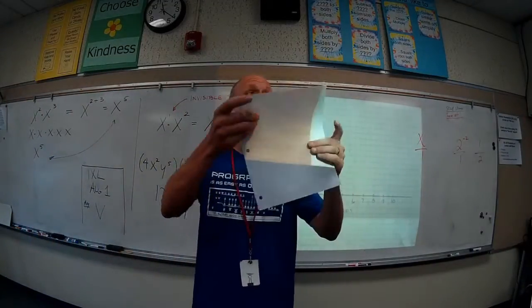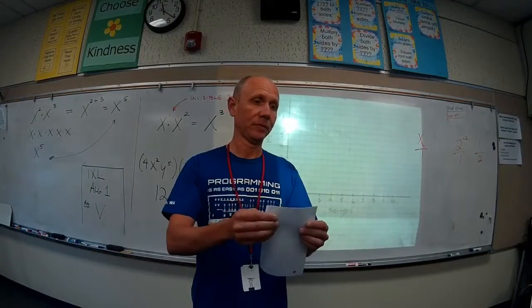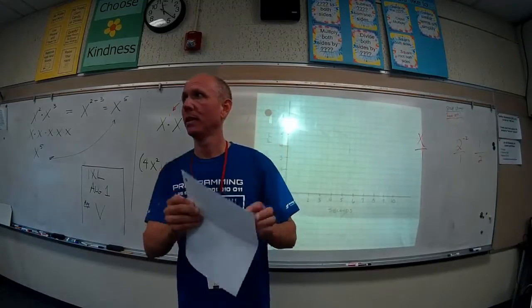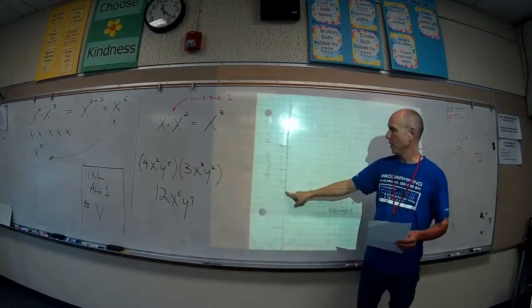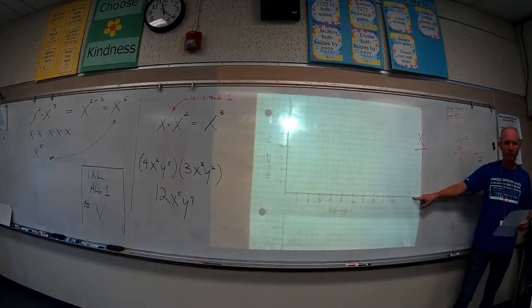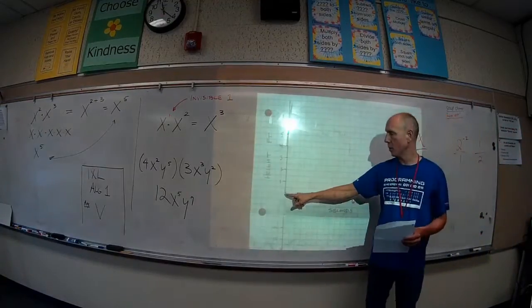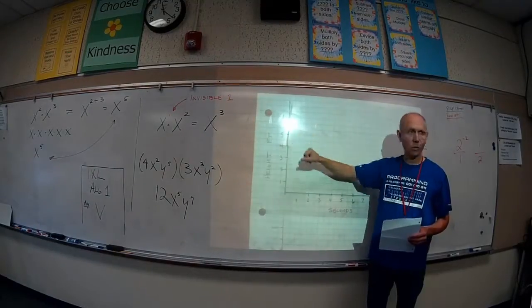Take your piece of paper, fold it in half. Open it up. Draw a coordinate system. Looks like this. Every 2 boxes is 1. So 1, 2, 1, 2, 3.